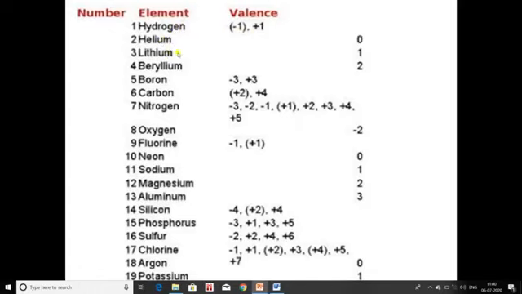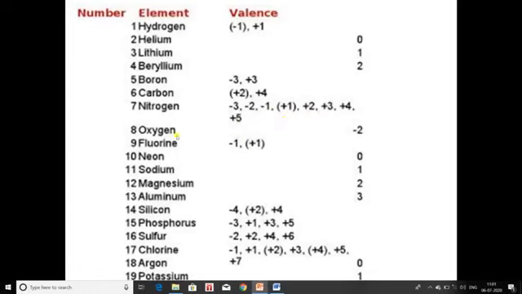Lithium +1, beryllium +2, boron -3 or +3, carbon +4 or +2, but +4 is more stable. Now next is nitrogen: -3, -2, -1, +1, +2, +3, +4 and +5. So nitrogen can show variable oxidation states.